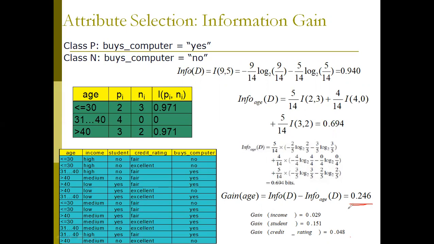Now, the attribute that has the highest gain ratio is selected as the splitting attribute. For the age attribute we get the highest gain ratio, right? So now we are going to choose age as the root node, the first selected attribute among these four attributes.